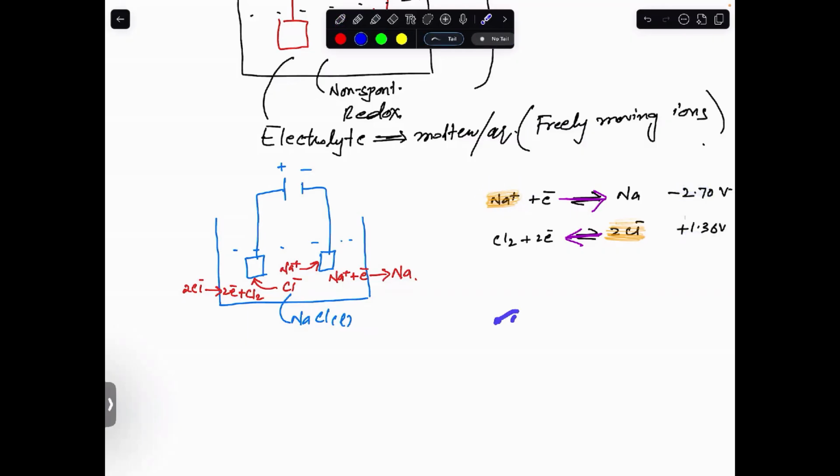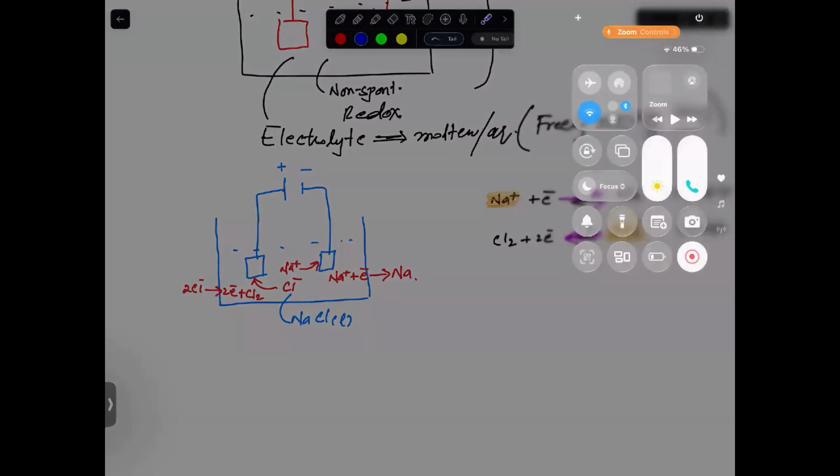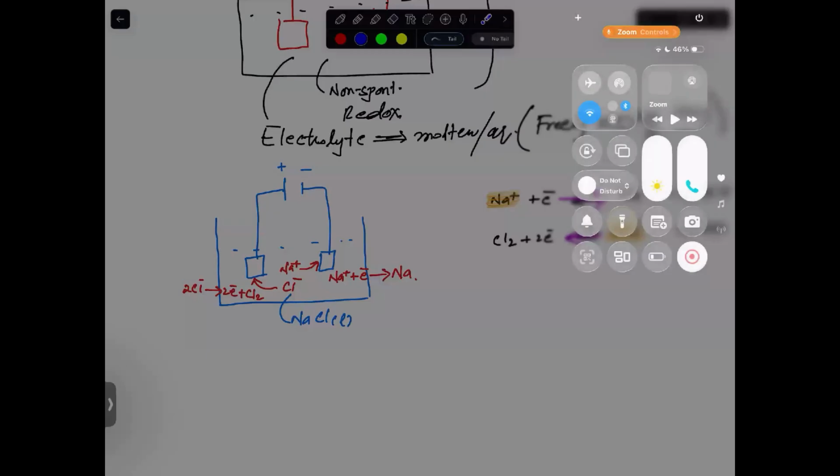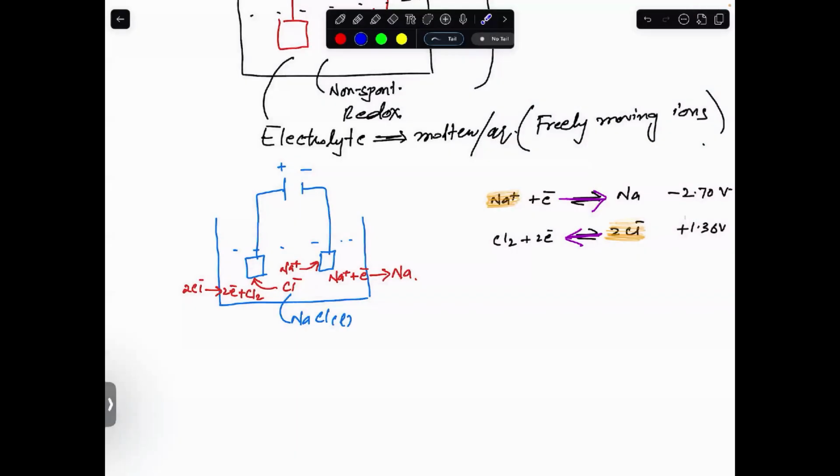Do you think the one that gains has a larger E0 than the one that loses? Yes. For spontaneous, the one that is gaining has larger E0 than the one that is losing. But here its E0 is less.